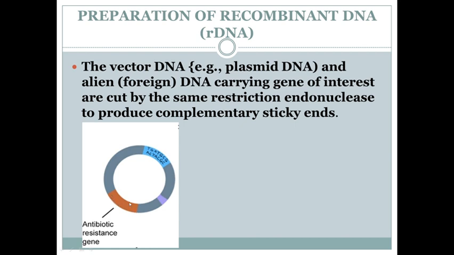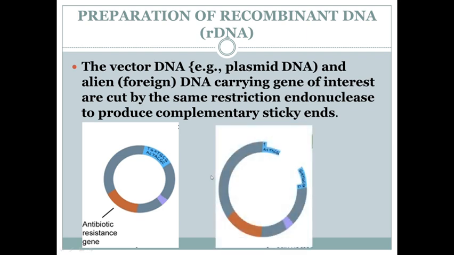So this plasmid carries a gene which will confer antibiotic resistance on the bearer of this plasmid. If we treat this plasmid with a restriction endonuclease, it will cut open the plasmid. The cut open plasmid will look something like this, having sticky ends. These are the sticky ends of this plasmid.